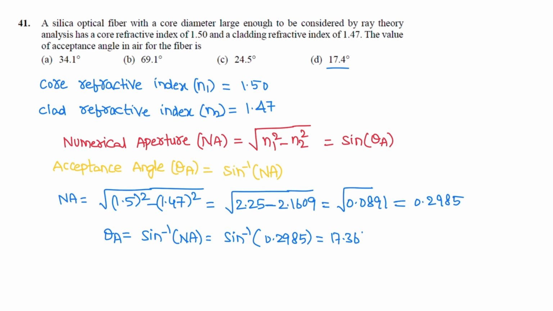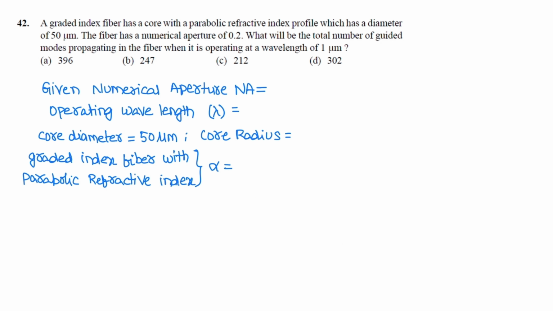Next question. Graded index fiber has a core with parabolic refractive index profile. For a parabolic refractive index, the value of alpha is 2.